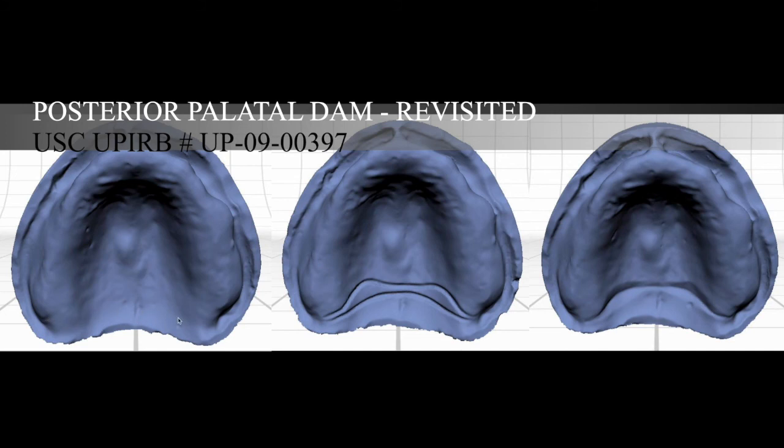Without any compression on this posterior limit versus having compression on this particular area, the retention value will double when you have a posterior palatal seal. So it's very important to have a proper seal of this posterior palatal limit.